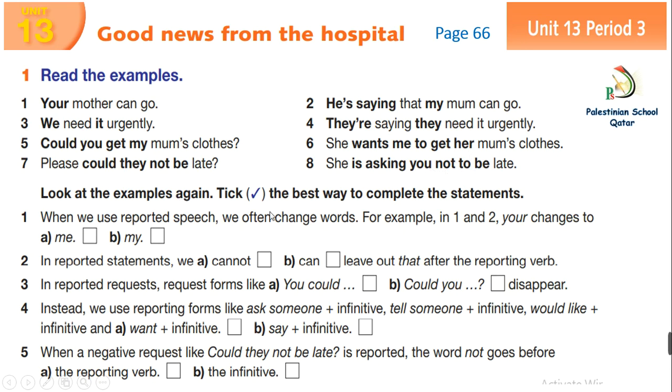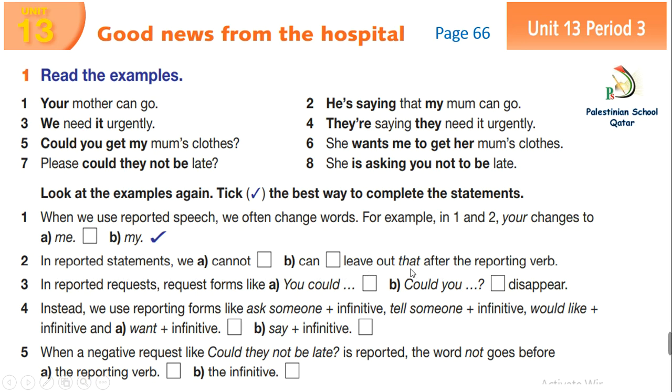Now look at the example and take the best way to complete the statements. When we use reported speech, we often change words. For example, in 1 and 2, your changes to me or my, we change it to my. In reported statements, we can leave out that.